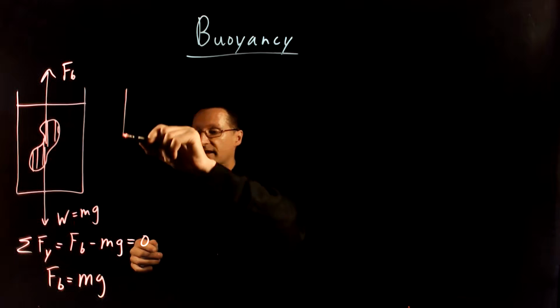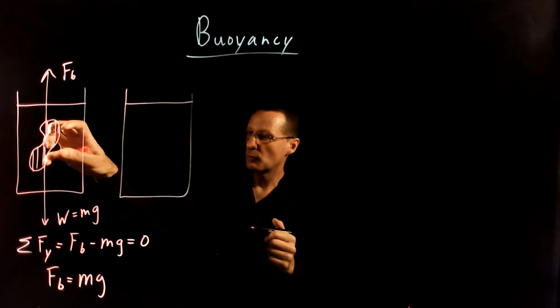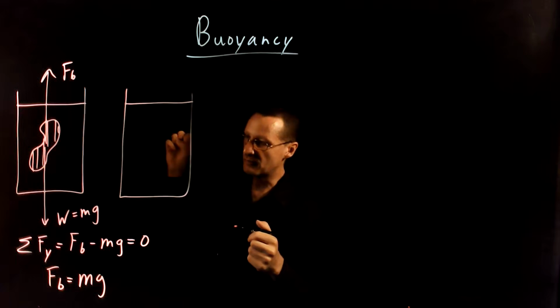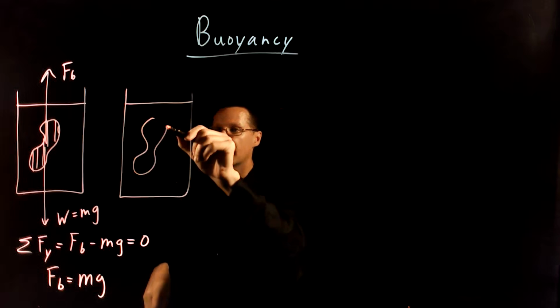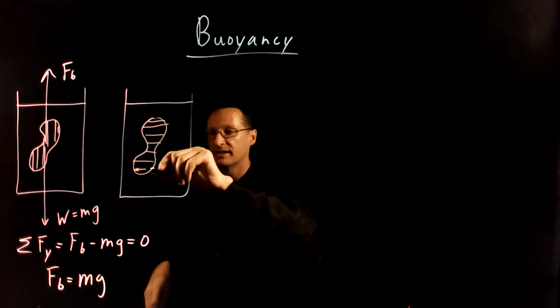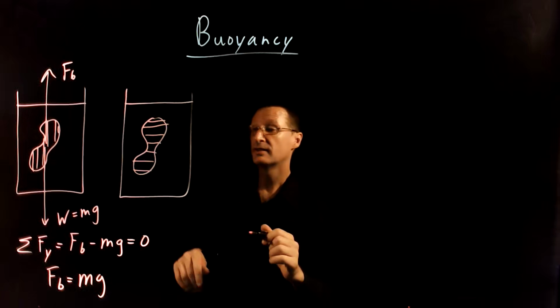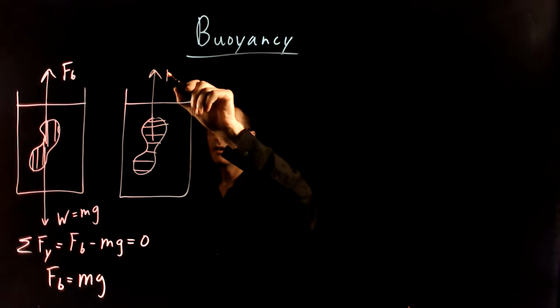Now if we were to take this bucket and, by some magic, remove this blob of water and put in another object that had exactly the same shape and size, but maybe a different weight, then it would feel the same buoyant force.